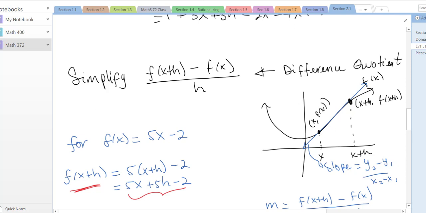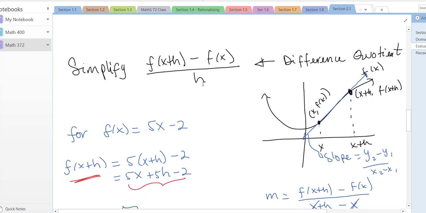So it's the slope of a line that connects 2 points on your function. Like if x was 5 and h was 1, this would be the rate of change from 5 to 6. How is the function changing? We will talk more about that further in. Right now, we're just going to practice getting really good at simplifying this difference quotient.